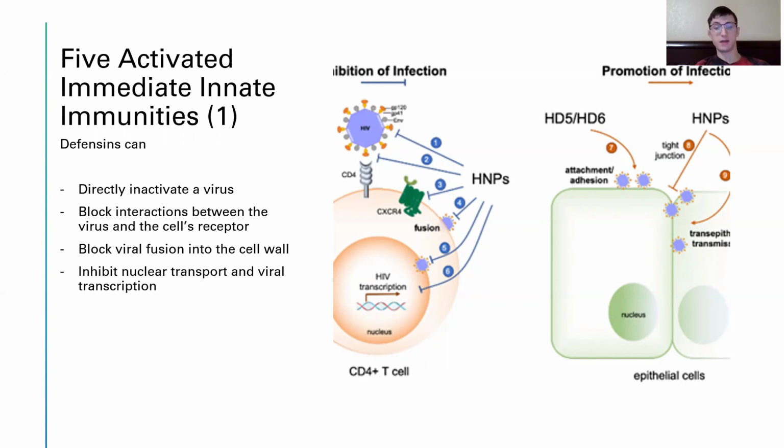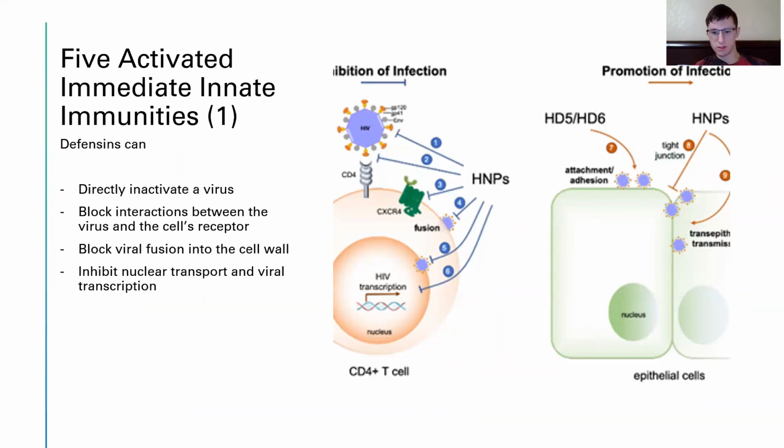A defensin can, number one, directly inactivate a virus. Number two, it can block interactions between the virus and the cell's receptor. Number three, it can block viral fusion into the cell or into the cell wall. And number four, it can inhibit nuclear import in viral transcription.